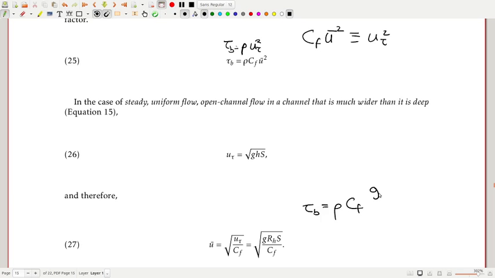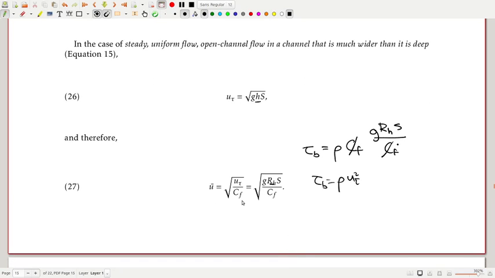So this is going to give us g r sub h s over c sub f, and the square root and squared cancel out. So we have this canceling out, and then we have basically just rho times g r h s. So that goes into u tau over here, right? And so then we end up just coming back with tau b is equal to rho u tau squared. And I apologize that I have an h here and an r h down here. Those are meant to be basically interchangeable.